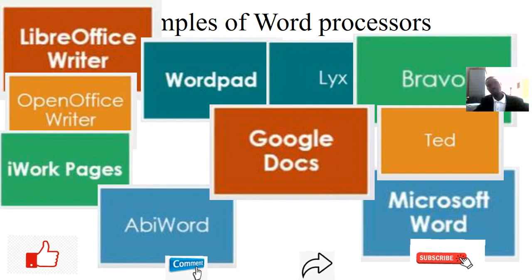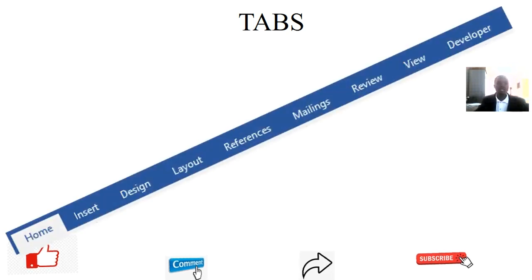Right, so that's it on word processor examples. Here we're going to use the most common one, which is Microsoft Office Word. What I will do is familiarize you with the user interface, where we have the tabs like we did in PowerPoint. I'm sure that you are now familiar with what we call the tabs.